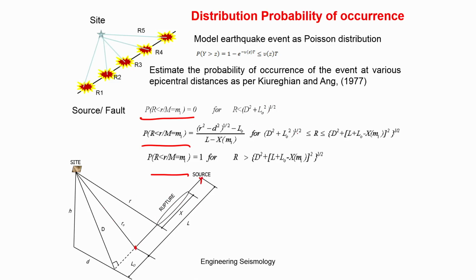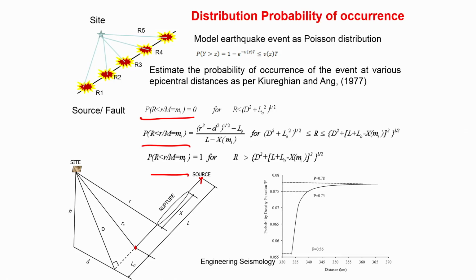You have to model and estimate this for your site, that is, the probability of occurrence of a particular distance. This is the typical probability of distance for the given site.